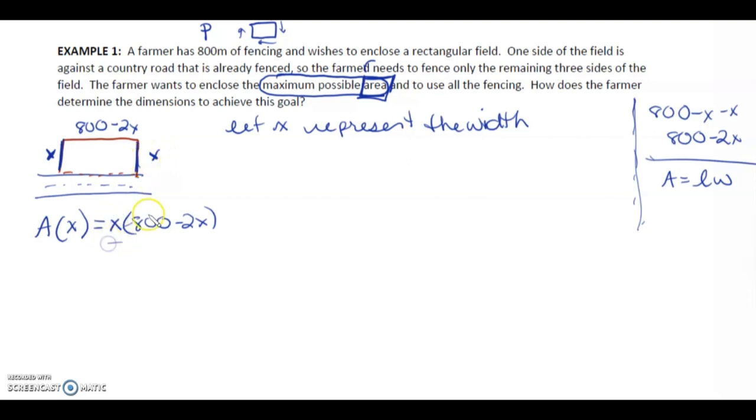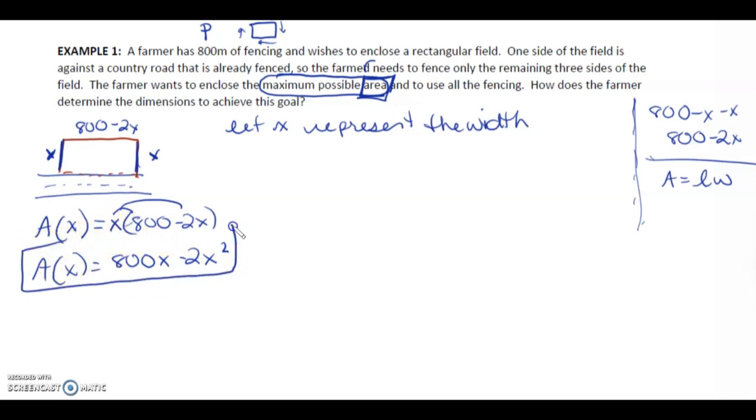I always like my monomial before my binomial. Okay. So if we were to expand this, we would get the formula 800x minus 2x squared. So now that we have our equation, and we can box this equation if you want, we want to find the maximum possible area.